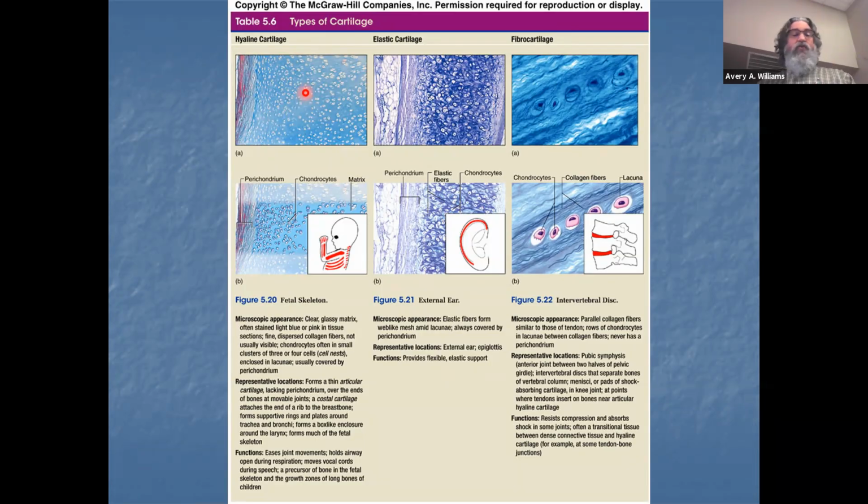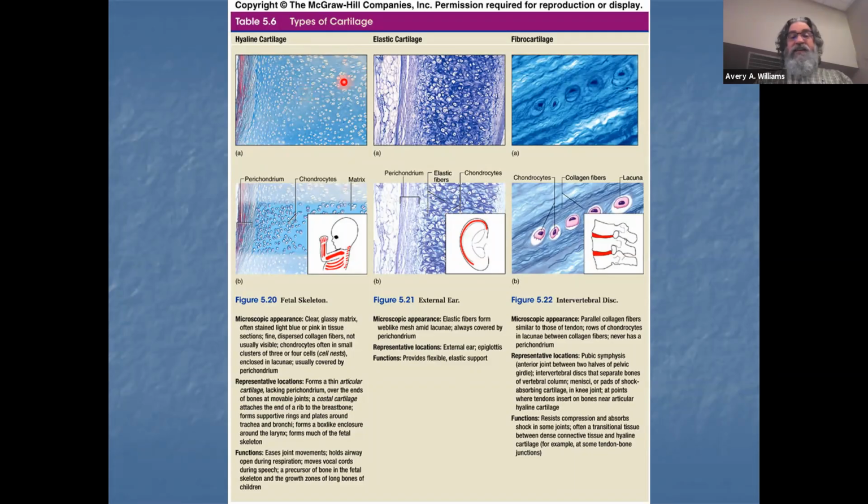Or singular would be a lacuna, L-A-C-U-N-A, which means little lake, like a little pond. And what these lacunae are, little bitty pits or little cavities of interstitial fluid to accommodate the cartilage cell. So inside each one of these little lacunae is a cartilage cell or a chondrocyte. And so all cartilages have chondrocytes in lacunae.